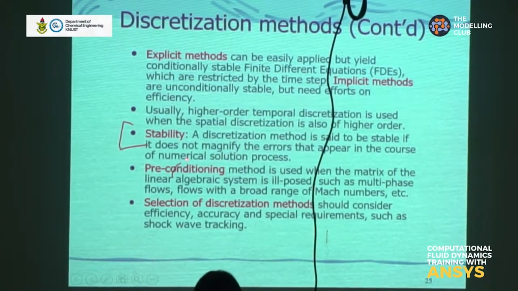So your solution will not be stable and will not converge with time. So that is what this is saying.